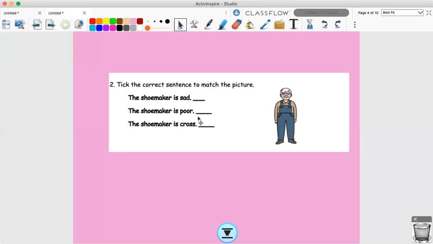Which one describes the shoemaker? If you're not sure, you can go back to the text and see where this picture is used and what the sentence says about that part of the story, and then you can use that to help you work out which one he is. Is he sad? Is he poor? Or is he cross? You can pause the video now while you complete that question.